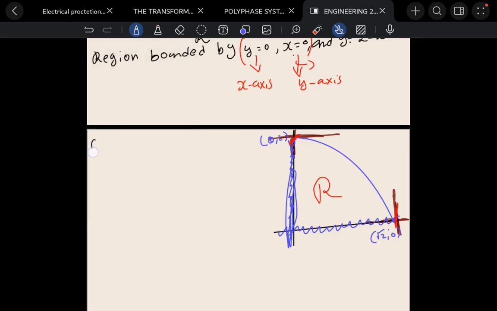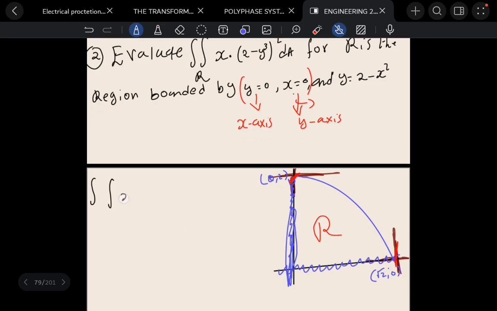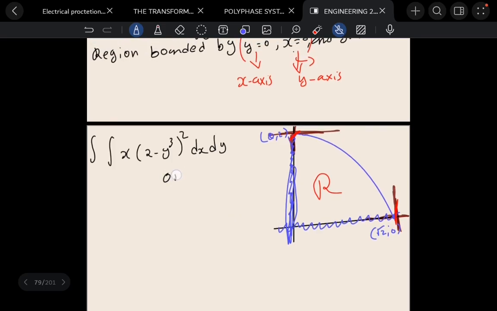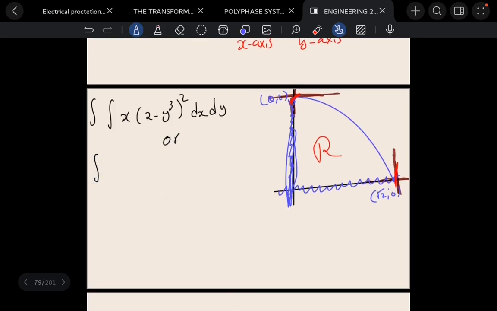Let us set it up. x times (2 minus y cubed) all squared d, like that. You can say it's dx dy, or x times (2 minus y cubed) all squared dy dx.